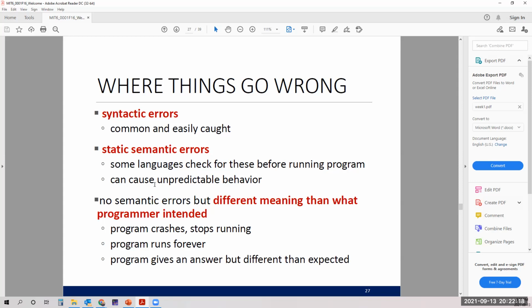Sometimes you can write a syntactically correct program, however the result could be a catastrophe. So we have to make sure that we write the right code and get the right result. No semantic error, but a different meaning than what the programmer intended. So at that time, you will have a result, but not the one you are looking for.